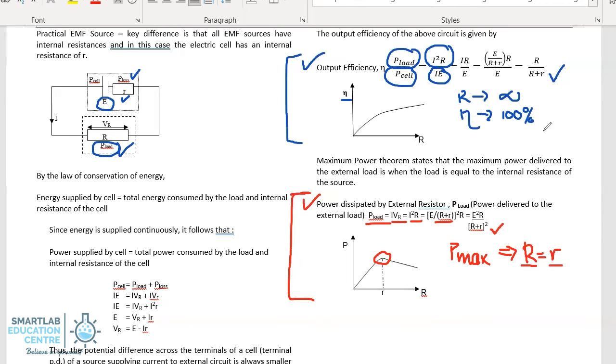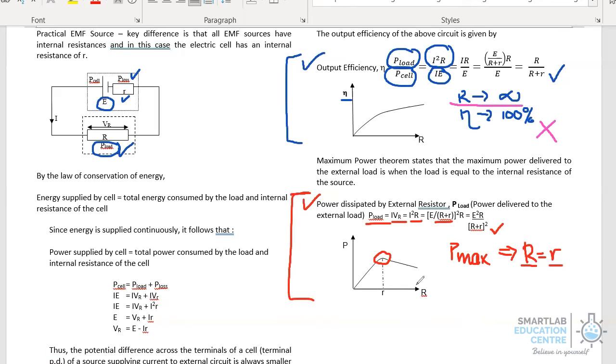The answer is that this is not the correct approach. The reason is that if R were to go to infinity, this graph indicates that the power at the load that can be extracted will go to 0. Hence, the correct way to maximize power is to have the external resistance equal to the internal resistance.